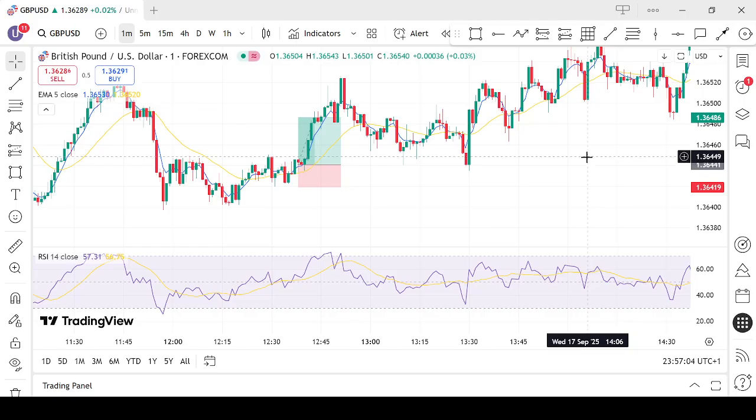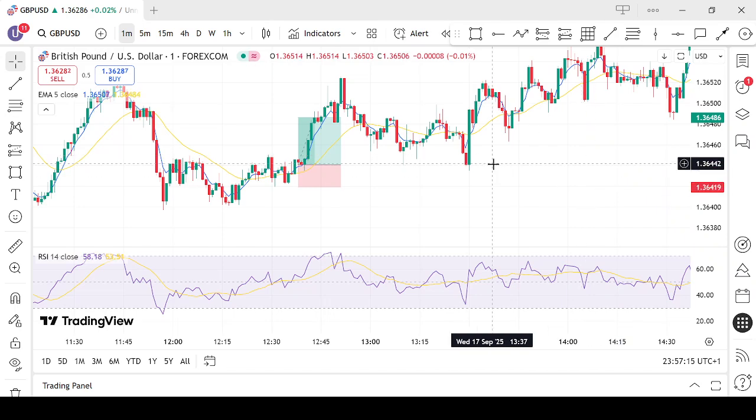The seventh step would be to keep a detailed trading journal. You have to log every single trade setup, entry, exit and result, and your mental state in your trading journal. This would help you to review this journal weekly to identify recurring mistakes and avoid making the same mistakes over and over again.